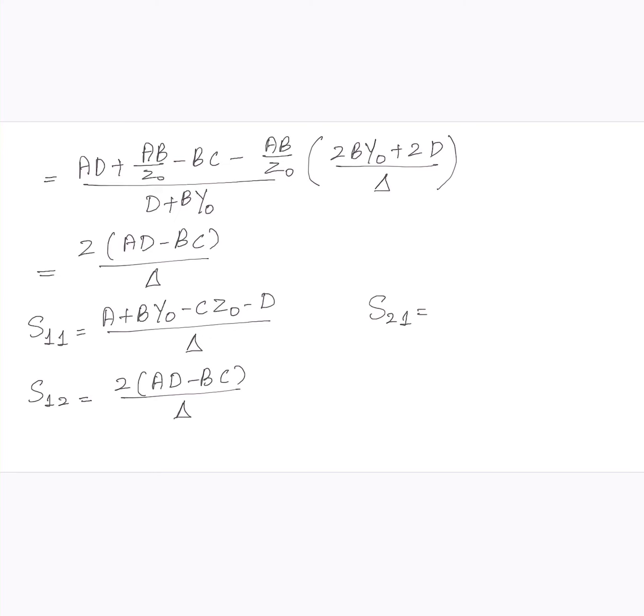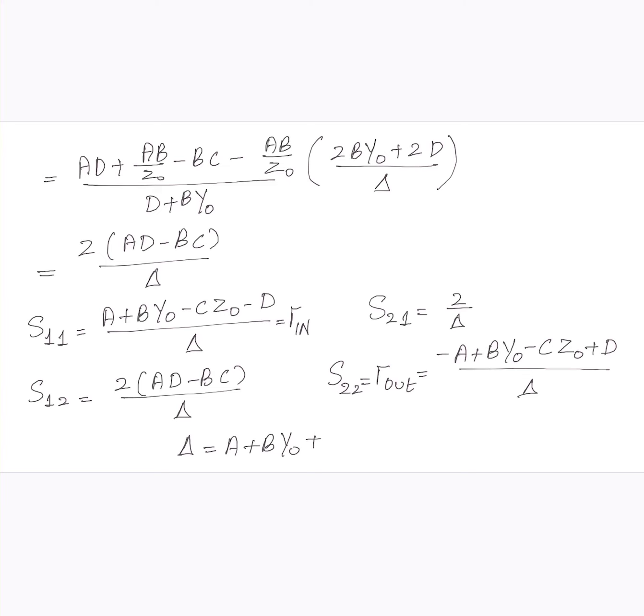S21 is equal to 2 by delta. S22, equal to gamma out, is equal to minus A plus B Y naught minus C Z naught plus D by delta. And S11 can also be equivalent to gamma in, where delta is equal to A plus B Y naught plus C Z naught plus D.